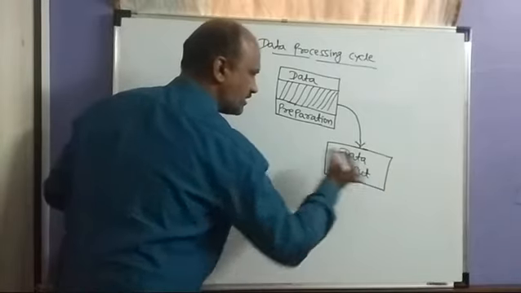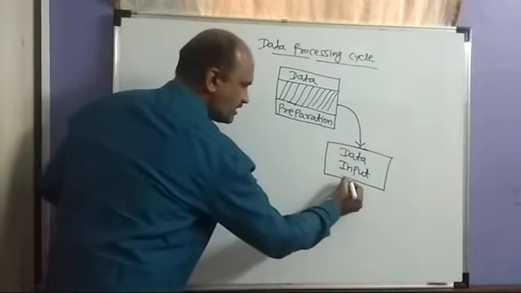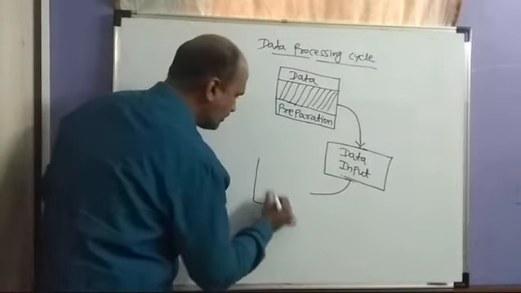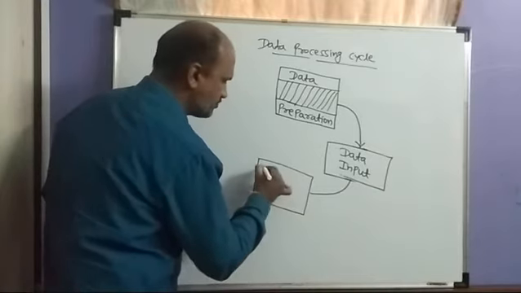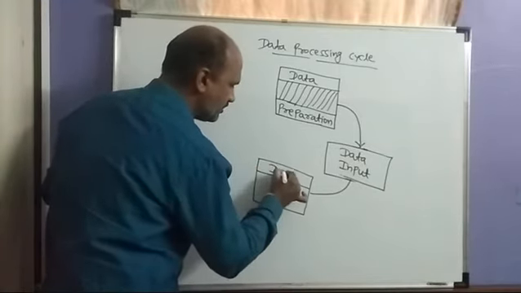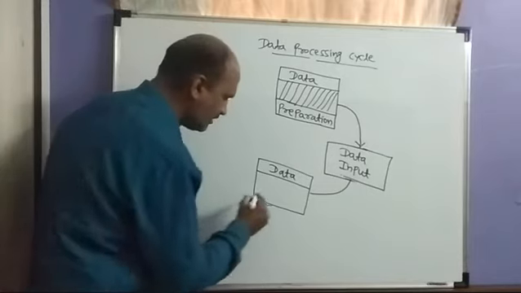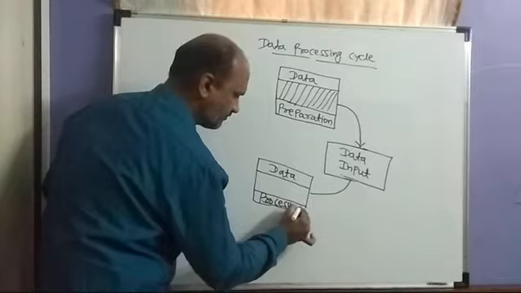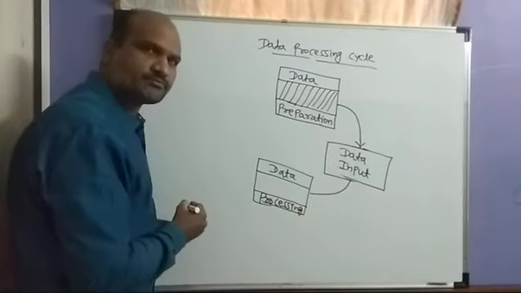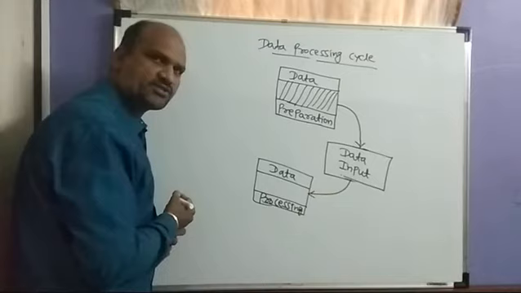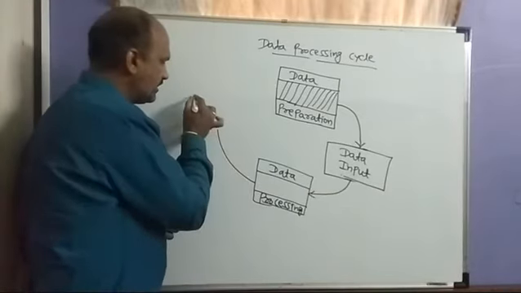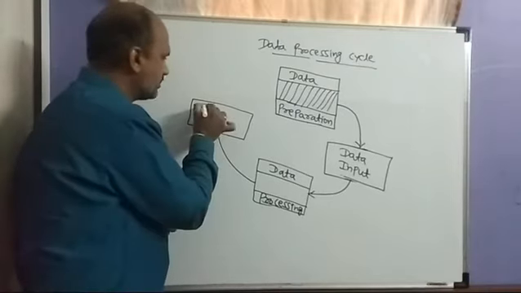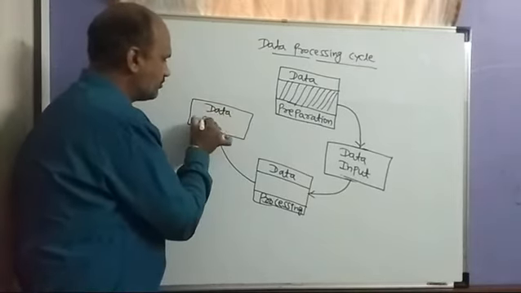From this data input, what should be done? It should process. Whatever data you are giving from the input, it should process. That is your data processing. Ultimately, as the processing happens, whatever result you want should occur, that is your data output.